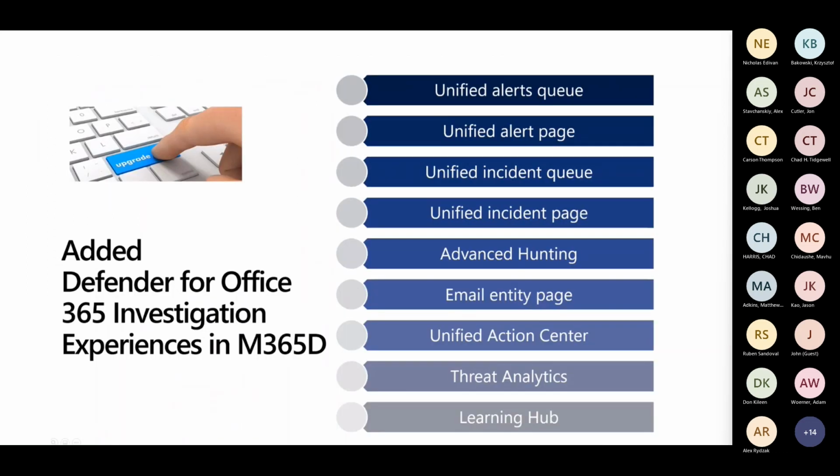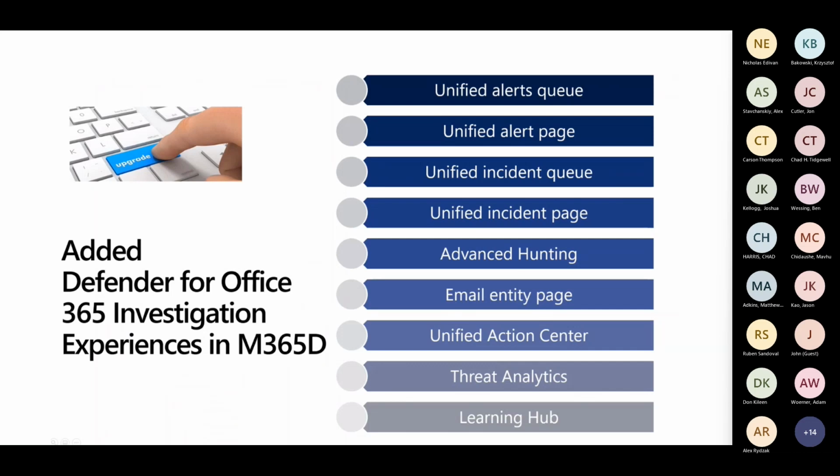A quick overview of the unified experience. Eligible customers will get unified alerts. It's going to be unified across Defender for Office, Defender for Endpoint, and other workloads if you have them. So we'll break it down. And when this was presented to me, they were talking about Plan 1, Plan 2, A3.